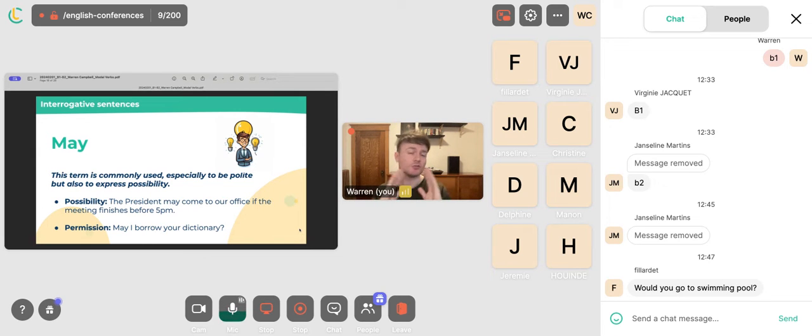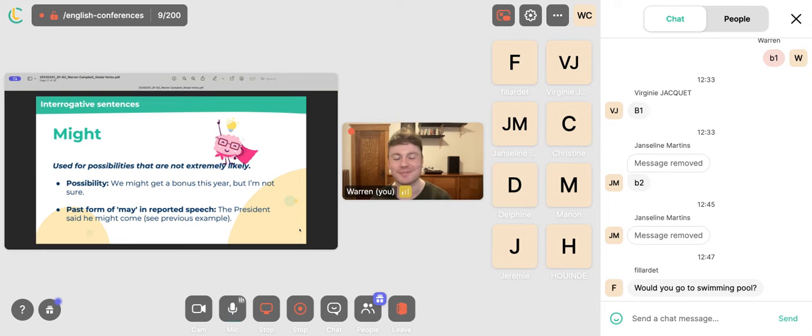Now, can, just to be clear, is still okay to say. It's not impolite, but may, we just see it as more polite. So may, to be polite, express possibility.